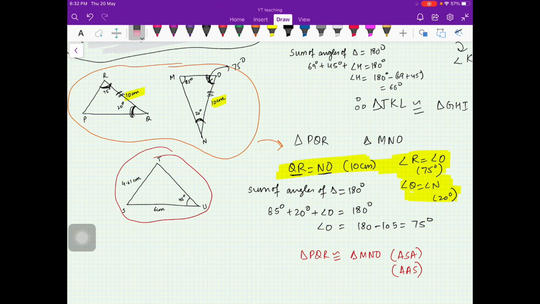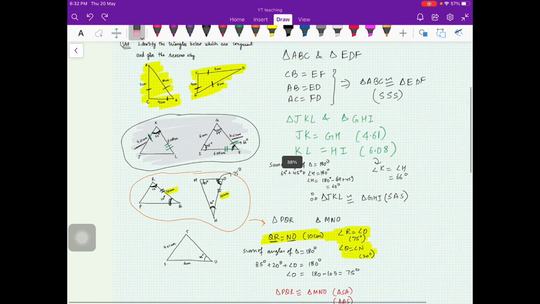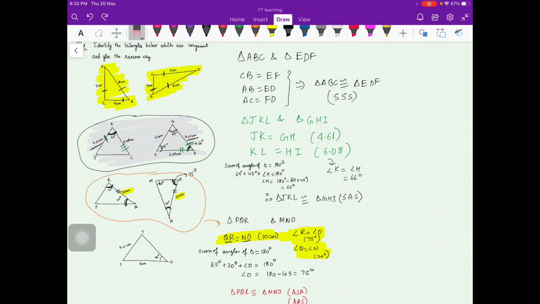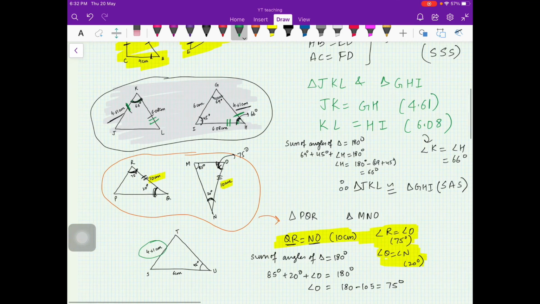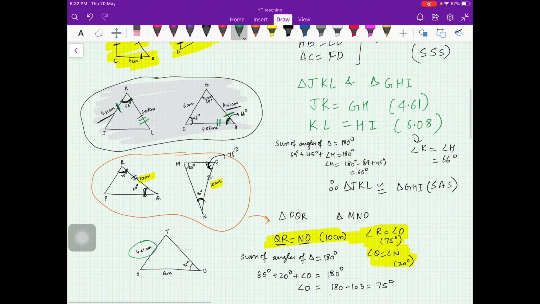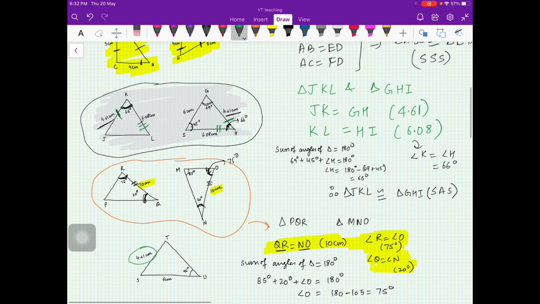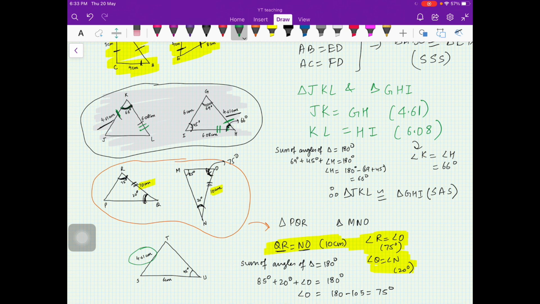Okay. Now this last triangle is there. Can you try to see if it is congruent to any of the above six triangles given? Now here you are given one side, 4.61 centimeter. The possible triangle to which it can be congruent is this cream shaded triangle.